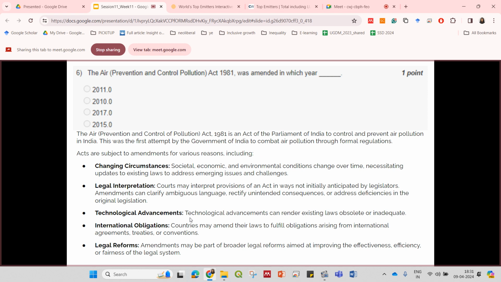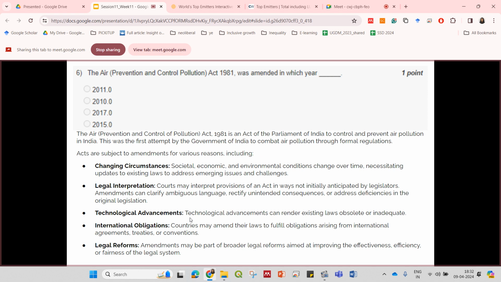Then there are international obligations. Countries may amend their laws to fulfill international obligations, like the Paris Agreement, which is an example of an international obligation the countries agreed to comply with. So in order to fulfill those obligations, an amendment can be made to an existing law or regulation. And last is legal reform.